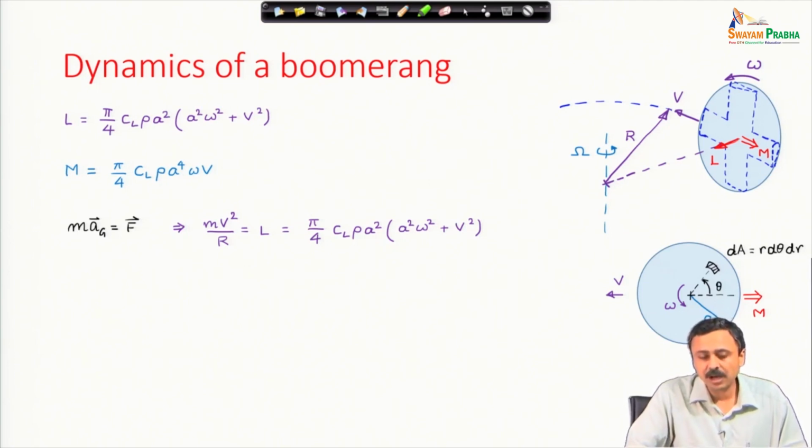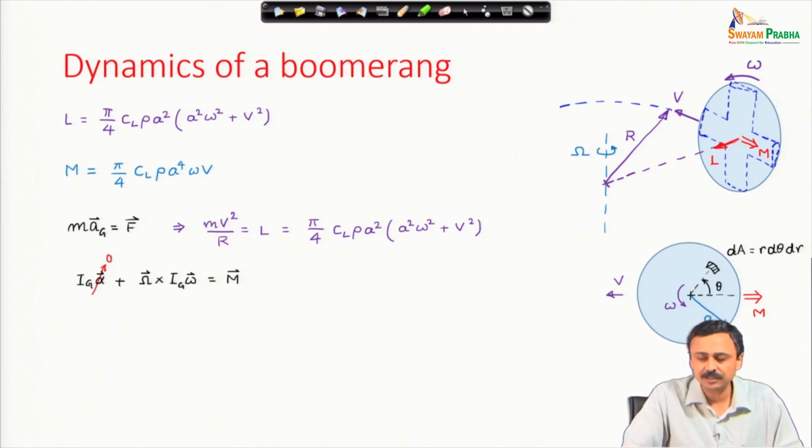right. Centripetal acceleration mv square by r, where r is the radius of curvature of the path of the center of mass. Therefore, mv square by r must be equal to the lift force, and the other equation is the standard angular momentum equation. I am assuming that there is no angular acceleration of the system, drag etc. have been neglected. So, we have only the frame derivative, omega frame cross Ig omega equals M, and that capital omega is nothing but the precessional angular velocity, which I have shown here.